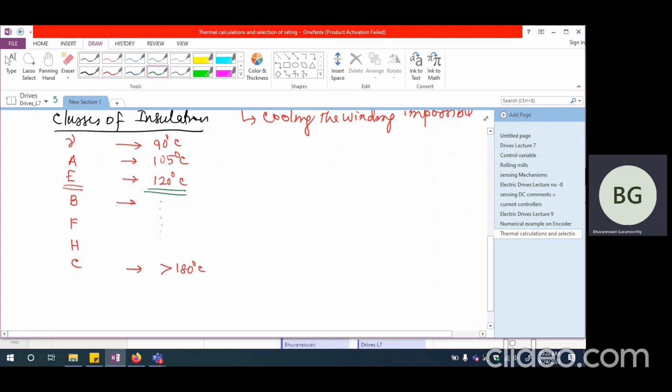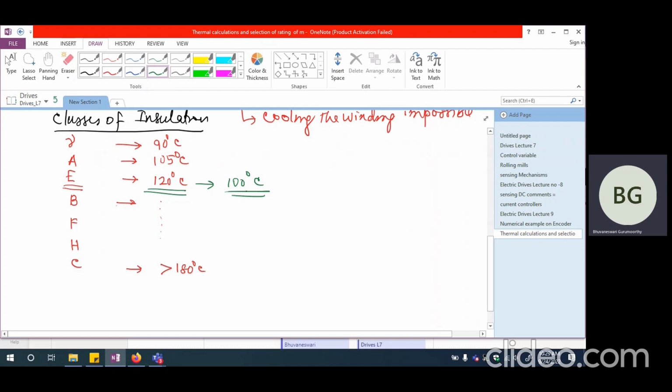So if we look at the entire machine as a lumped quantity, one single entity, in that case, probably we will say that it is better not to exceed even 100 degrees or 105 degrees on the whole, because the external portion of the machine, if it is getting heated up to 100 degrees, the internal windings could easily heat up to 120 degrees even in that situation.